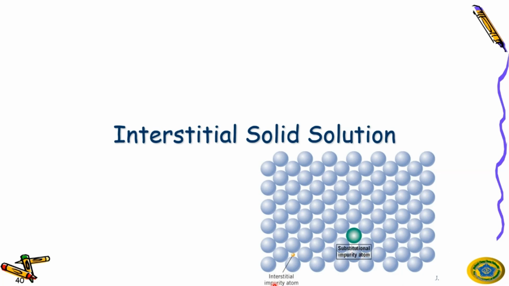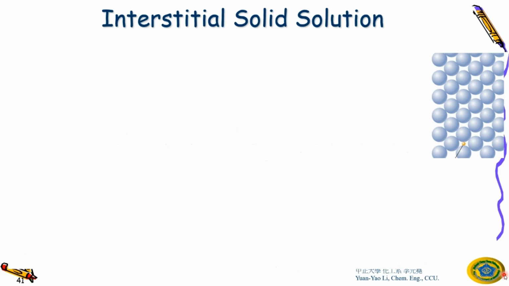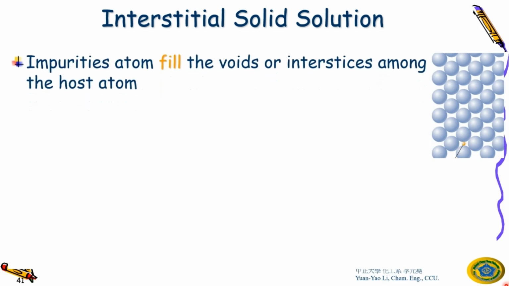Interstitial solid solution is when the size of the solute atom is much smaller than the size of the solvent atoms. In the interstitial solid solution, impurity atoms fill the voids or interstices among the host atoms.